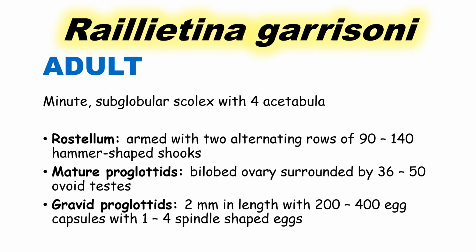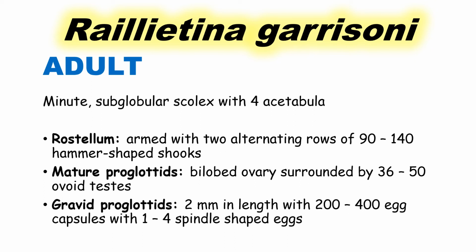Mature proglottids, guys, have a bilobed ovary surrounded by 36 to 50 ovoid testes. And gravid proglottids, definitely, are filled with 200 to 400 egg capsules with 1 to 40 spindle-shaped eggs. Here, the eggs, guys, are oncospheres enclosed with 2 thin membranes, the outer elongated membrane and the inner spherical membrane.